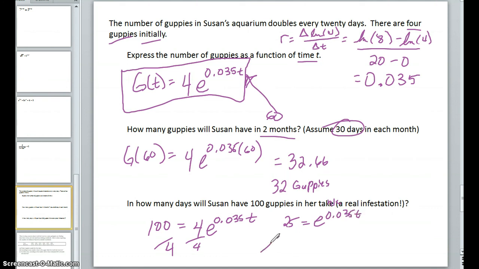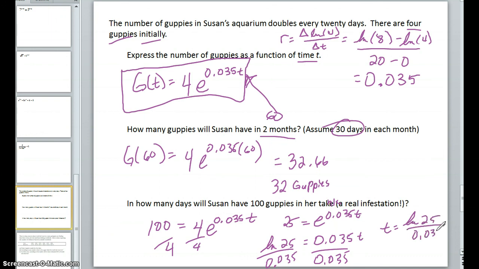ln to the rescue. It's a mathematical superhero. Clearing out weapons of math destruction. Okay, ln of 25 over 0.035.